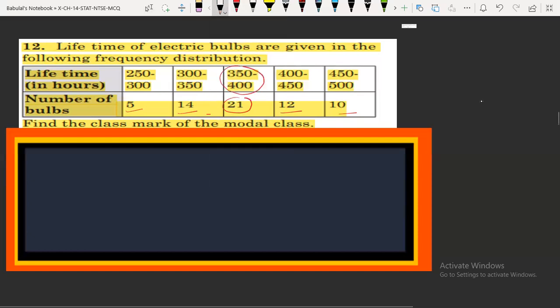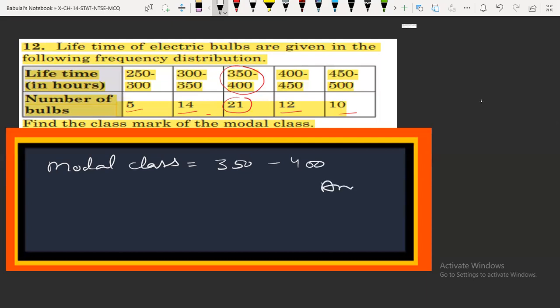That is why the modal class in the given question is 350 to 400.